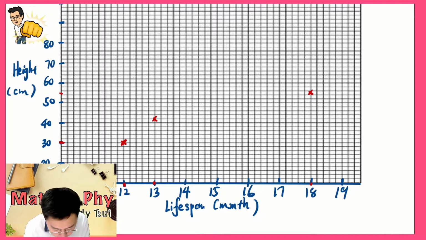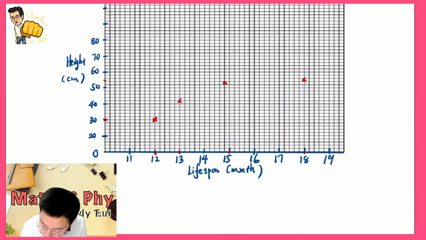It should be here. For the next one, it should be 15. So 15 is here, and then the corresponding height should be 53. I need to use my ruler, and 53 should be higher than 52 by half a grid. So here is this one.